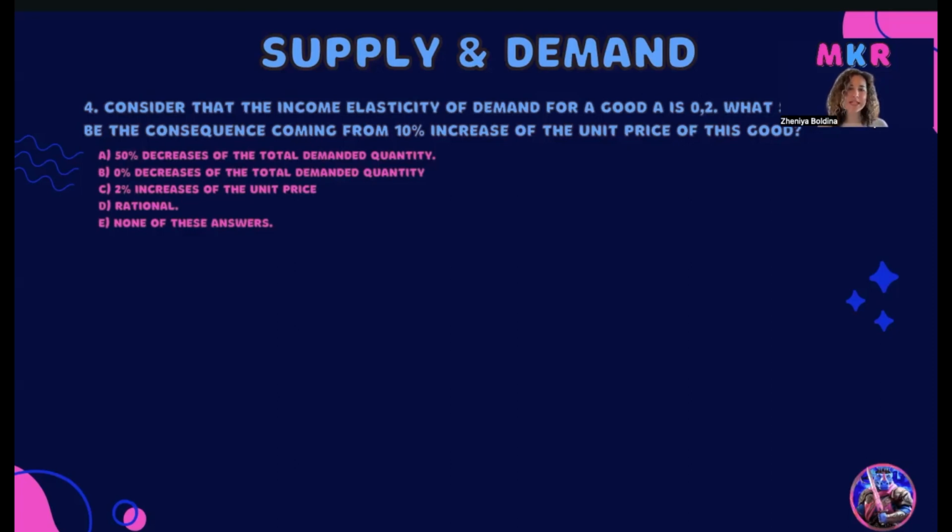So we can see that we are given 2 bits of information here. One is our income elasticity, which is 0.2. Also, we know it's a normal good since it's positive, so as our income increases, our quantity demanded also increases. But in this case, we're also given an increase in unit price.